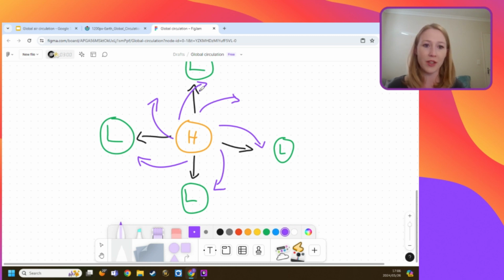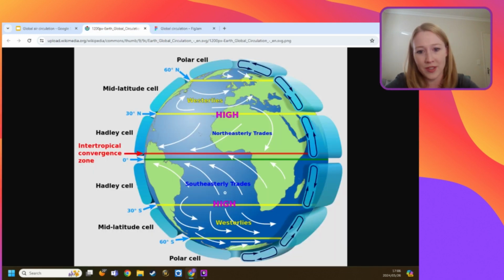So northern hemisphere, Coriolis force is towards the right. Southern hemisphere, Coriolis force is towards the left. And that's where you see this. So you see the high pressure belt over here. You see the winds trying to move towards the low pressure belt, and then it is deflected towards the left.